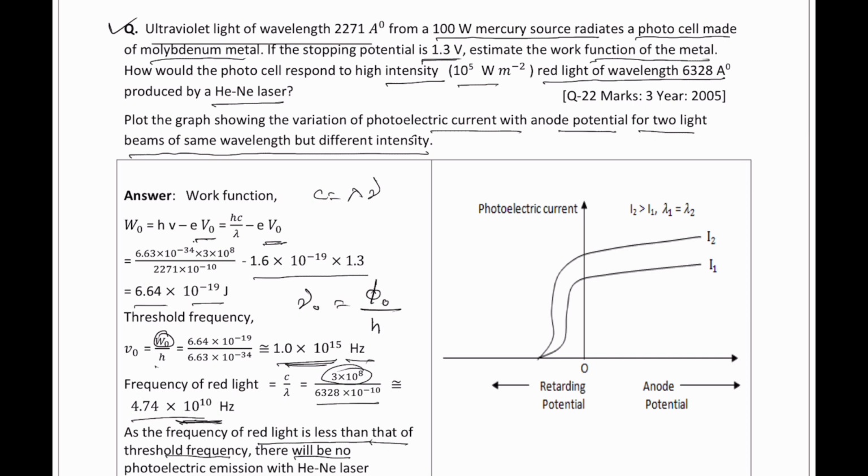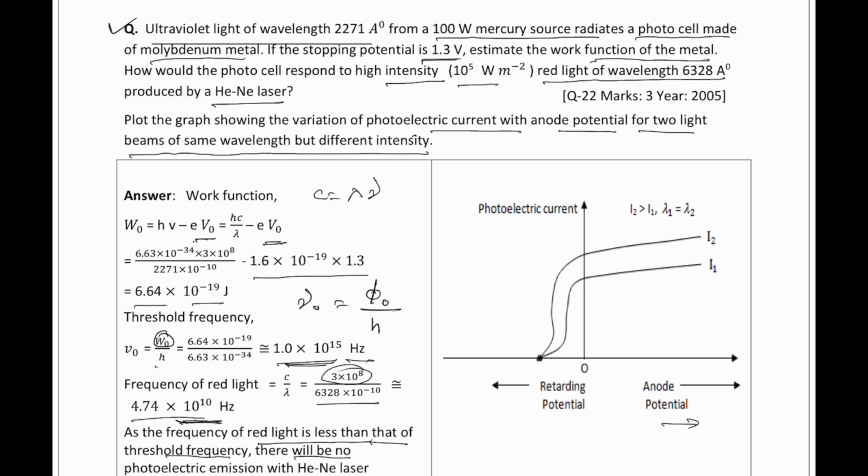Now, on the negative side of the x-axis it is the retarding potential, and this is the anode potential. For two different intensities, if I2 is greater than I1, at this potential the photoelectric current will stop here. This is the stopping potential, and as we increase the anode potential, the current increases.